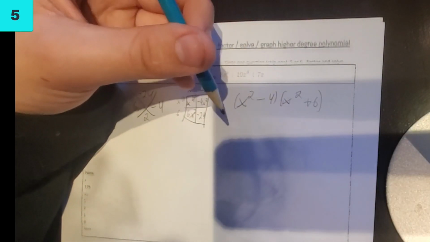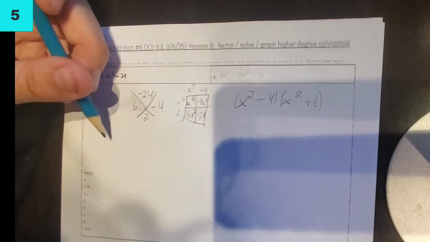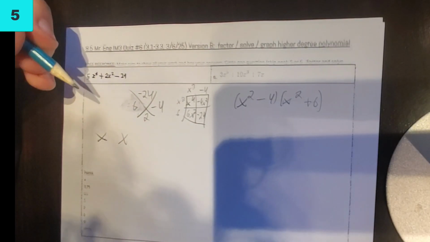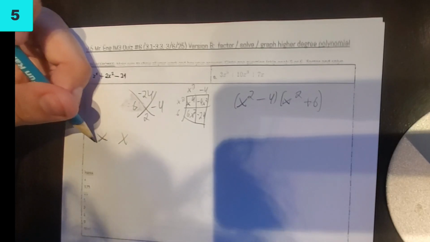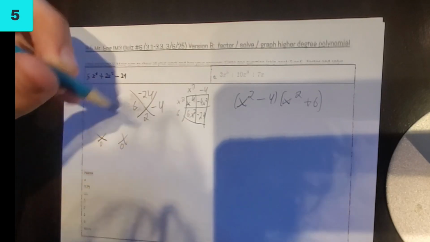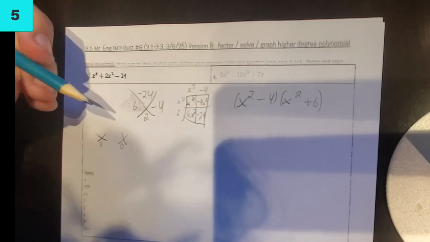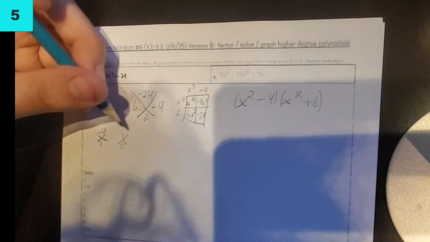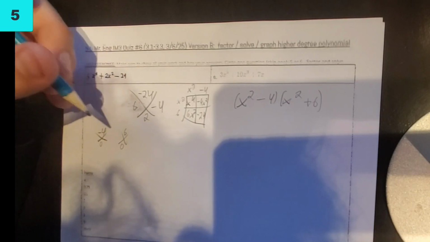Now we can make two smaller x's, or I personally like to make them smaller, and then we do 0 and 0, since the 0 is what's missing in both of these, and then we'll have negative 4 in one and 6 in the other.